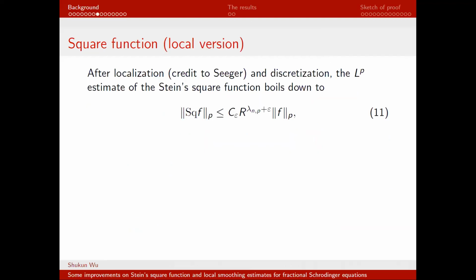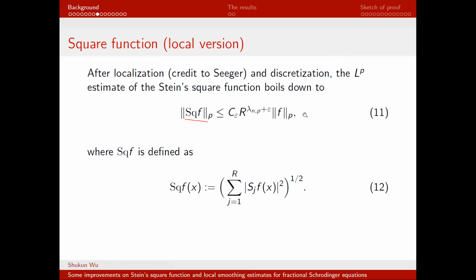After localization on the square function and some discretization, the LP estimate for Stein's square function can boil down to the following estimate. Here SQF is a discrete type of square function, which is defined as the following.